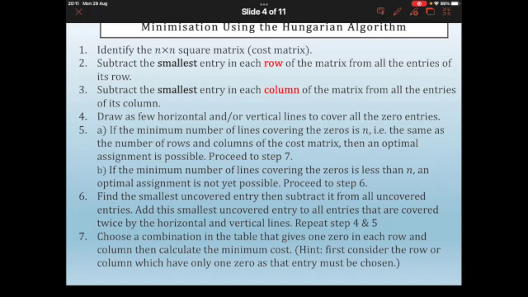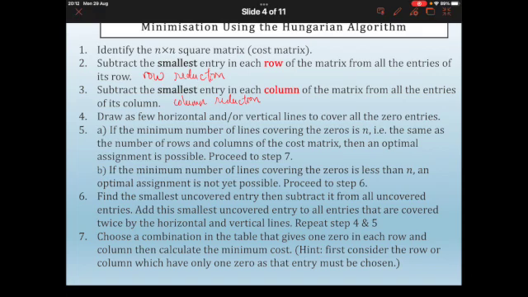Then, you need to subtract the smallest entry in each row of the matrix from all the entries in its row. We call this a row reduction. Then subtract the smallest entry in each column from all the entries of its column. We call this a column reduction.